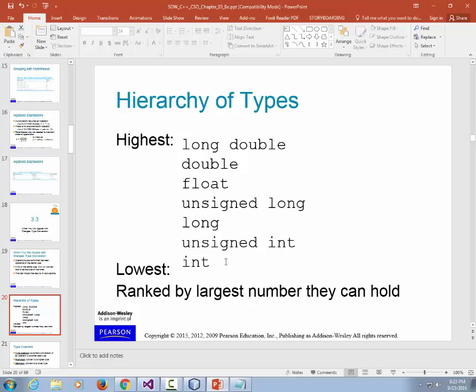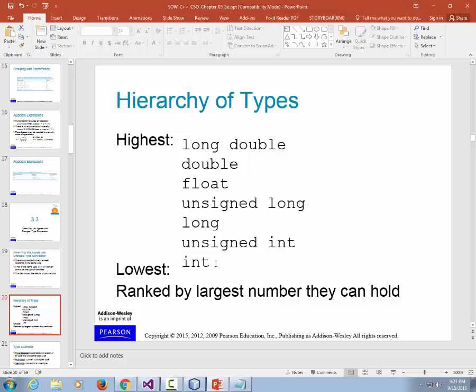So the hierarchy of types. If you mix an int and a float, and it doesn't matter in a plus b which one is the int and which one is the float, the int will be converted to a float in order to do the math. If you mix a long and a float, the long will be converted to a float in order to do the math.